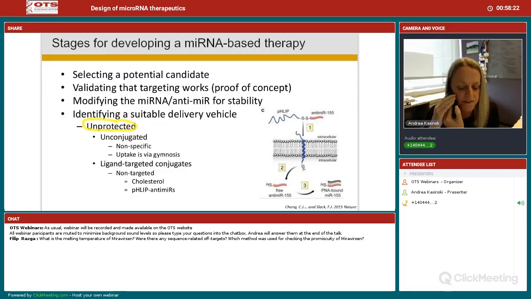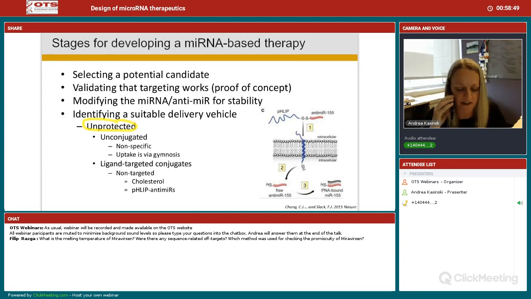So the unprotected group, what we're referring to here is that these RNAs are not encapsulated. So they're completely free, if you will, in circulation, and there's kind of two classes of those. There's the ones that we refer to as unconjugated, meaning that it's just the modified RNA that's going to be in circulation, and uptake is usually going to be via a process of gymnosis, and that's really uptake in the absence of any carrier or conjugate.